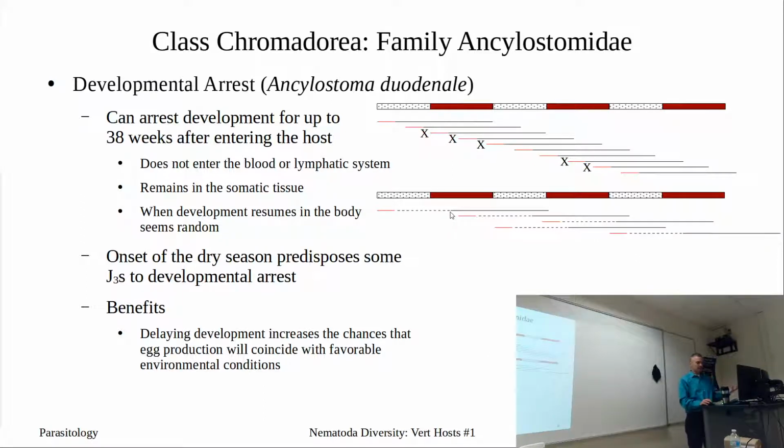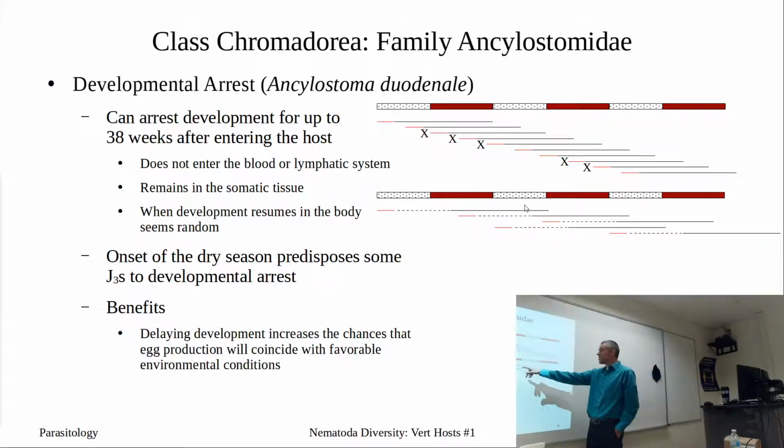They're not developing. And then when it becomes solid, they undergo their migration and complete it. Some of them come out very quickly. So those, hey, they're producing eggs. Others remain in developmental arrest and come out perhaps in the dry season. If you come out later in the dry season, you still have most of the wet season where you can produce your eggs. And then it continues on.